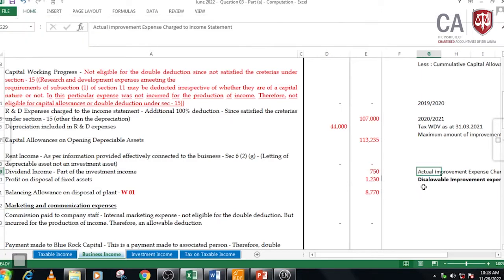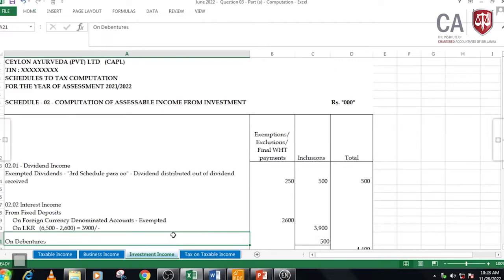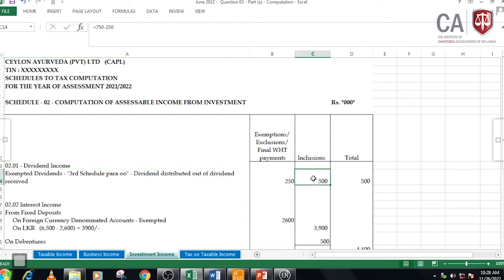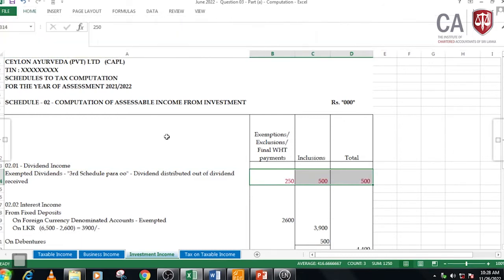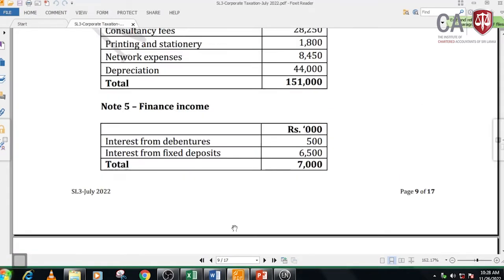Then let me come to the investment income. In the investment income, the schedule 2 is a dividend income liable 500,000, exempt under the third schedule para, for dividend distributed out of dividend received. This is exempted. Then here we go with the total. Done. Now the next adjustment.